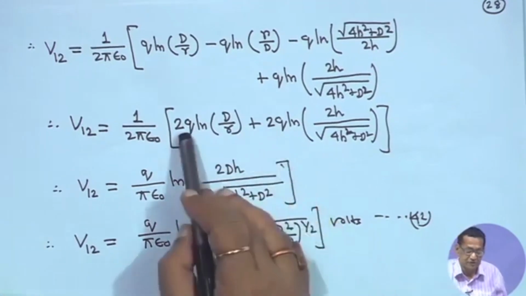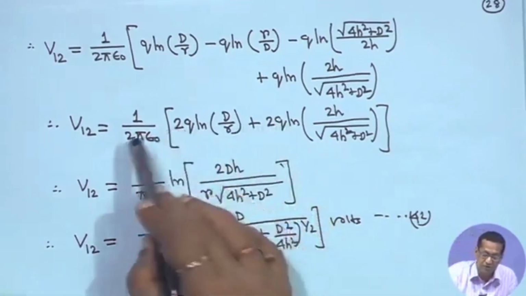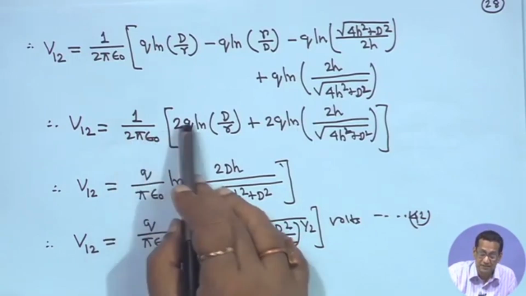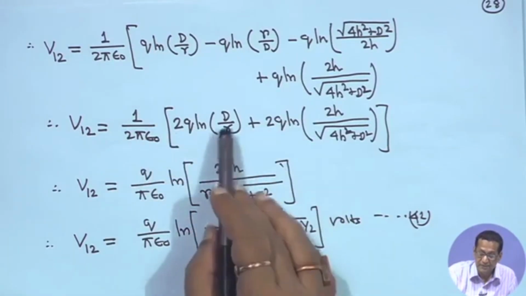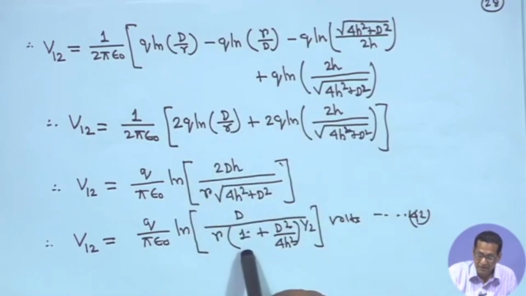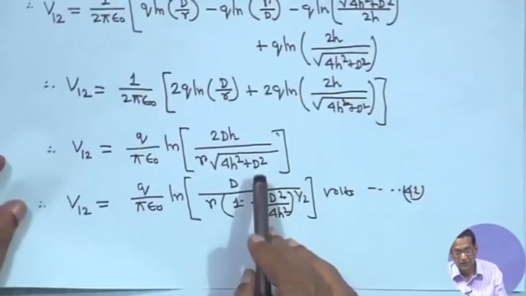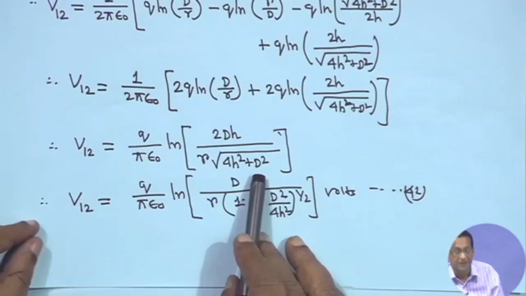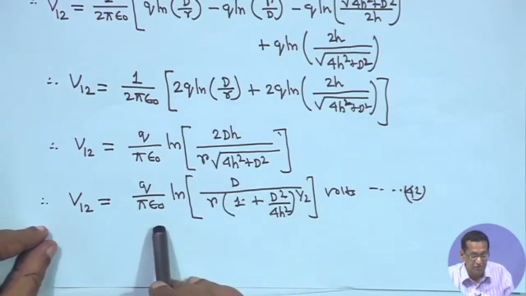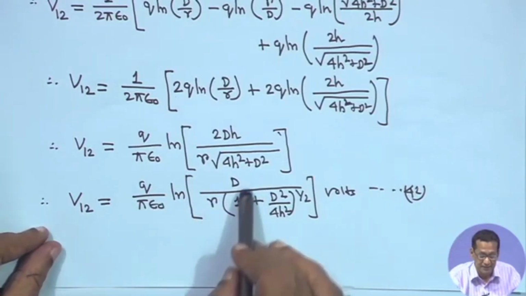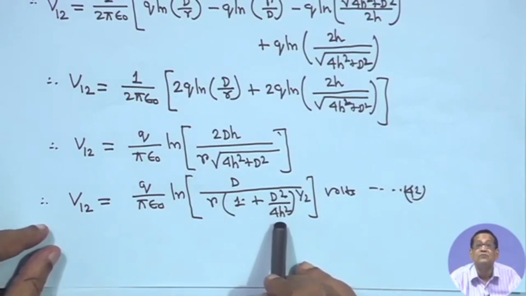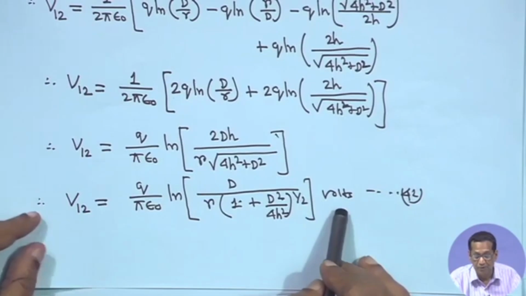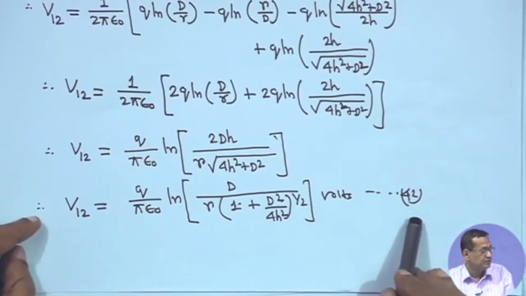If you take common, these two will cancel, and since it is ln and ln, it will be basically 2dh divided by r root over 4h square plus d square, right. Therefore, V12 is equal to q by pi epsilon 0 ln d divided by r in bracket 1 plus d square upon 4h square to the power half volt. This is equation 42, right.